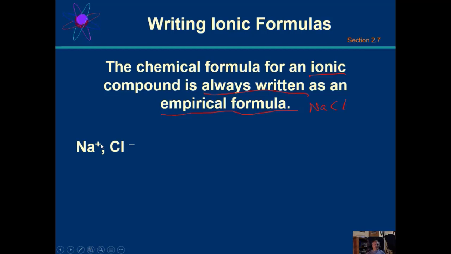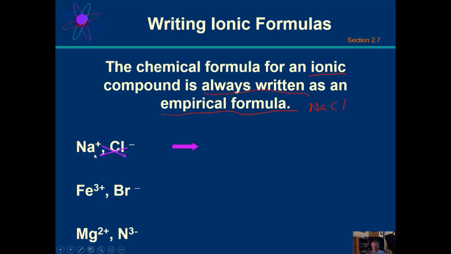Now all we have to do is balance the charge, because remember, all compounds are neutral. And so if I want to balance the charge on this compound, all I have to do is do my little crisscross here. Now, I'm not moving the negative charge over here. I'm not moving the positive charge over here. I'm telling myself, how many of these negatively charged chloride ions do I need to balance the positive charge on the sodium cation?